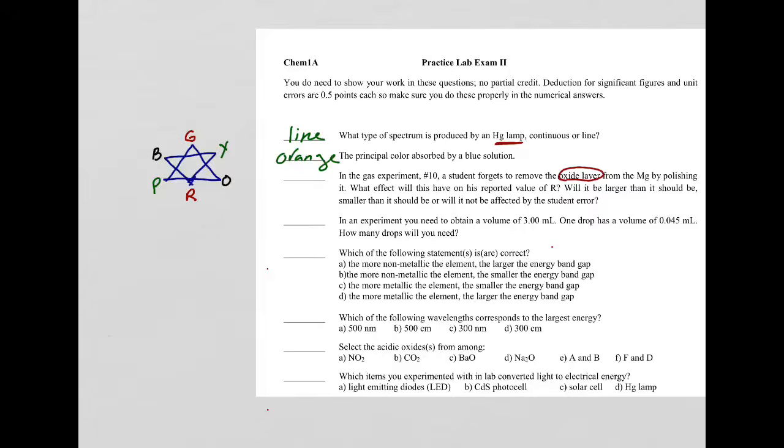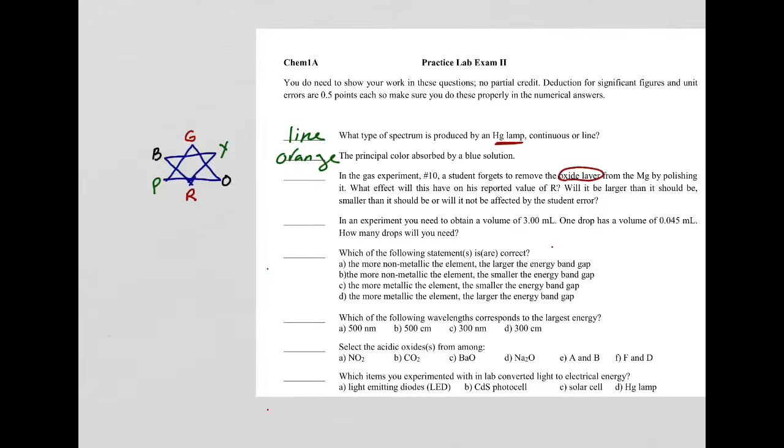If you forget to remove the oxide layer, it adds to your mass. Now, if you're going to have a higher mass, because this adds to your mass, you're also going to have higher moles. So you're adding more mass, which means you're adding more moles.